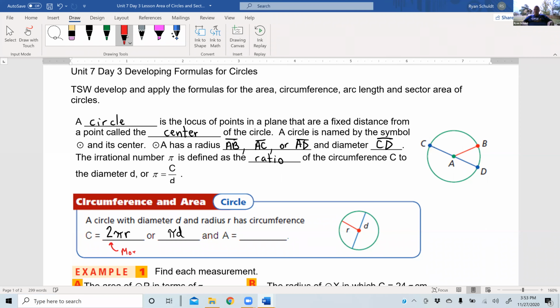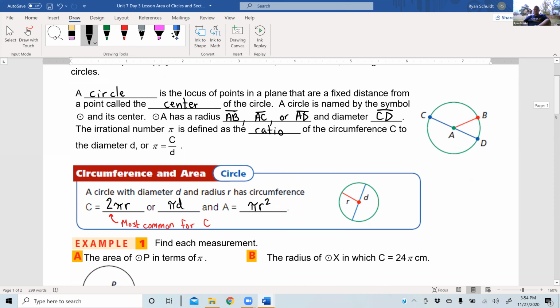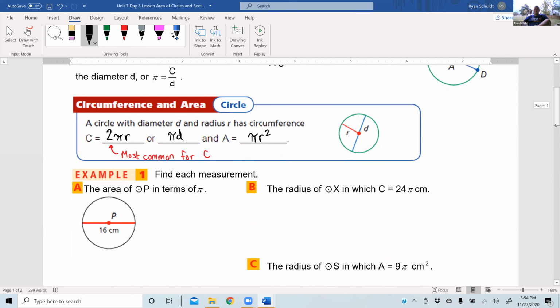So this is your most common formula for circumference. For area, it's pi r squared. But I thought pies are round. Nope, pi r squared.